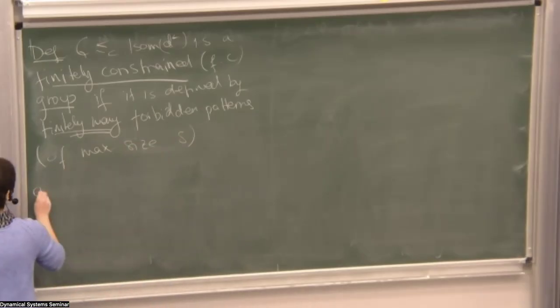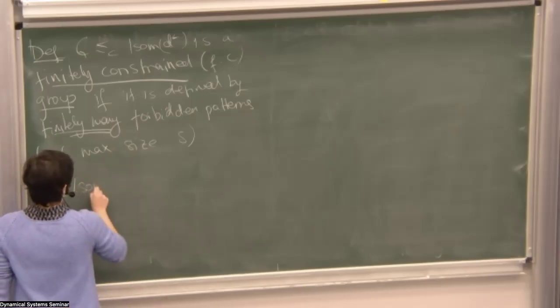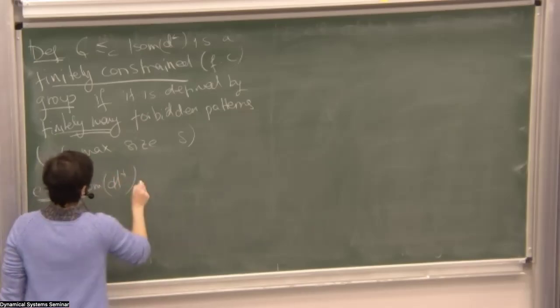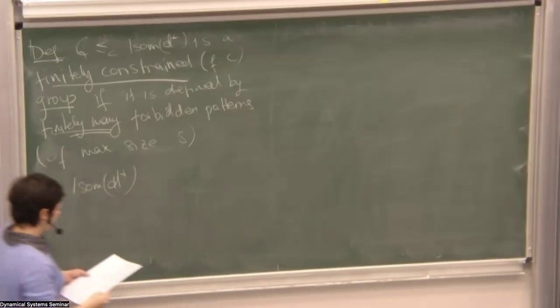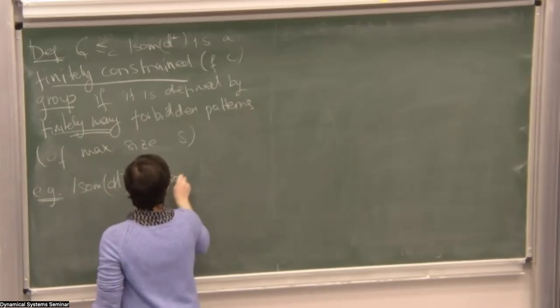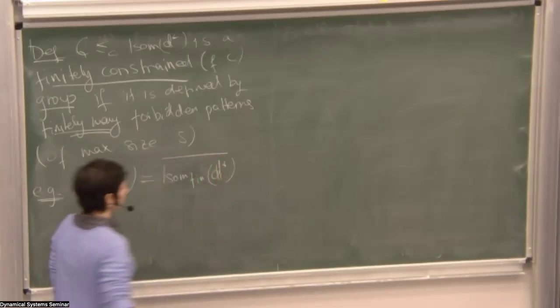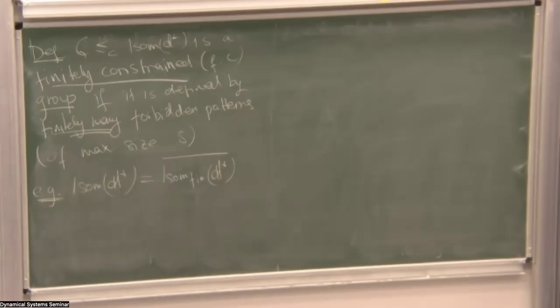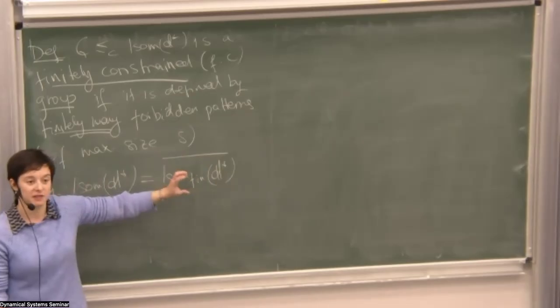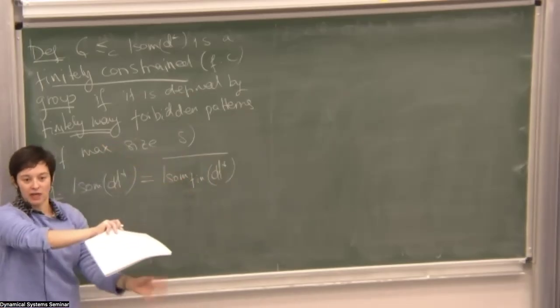So what's an example of this? I only really have one example to give you, which is the automorphism group of the tree. But look, this is the closure of the finite tree automorphisms. Why? Because the finite tree automorphisms are things that do an automorphism up to there and then don't do anything here.